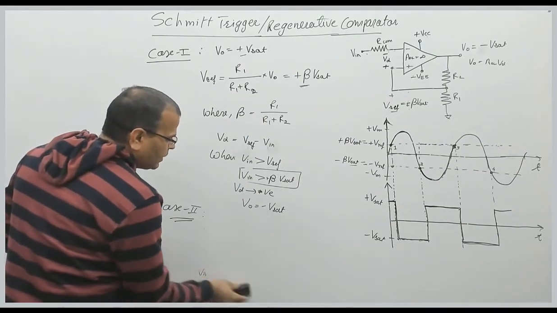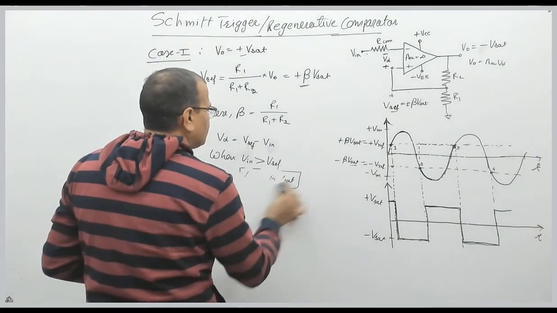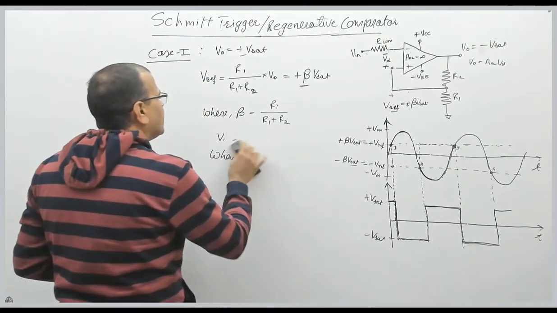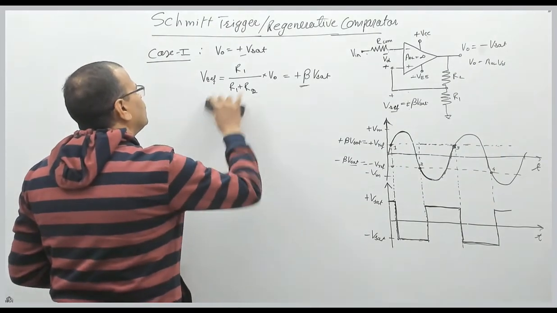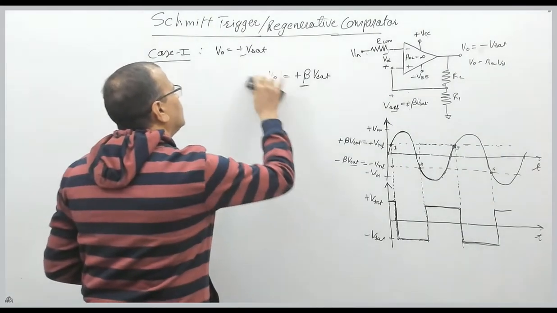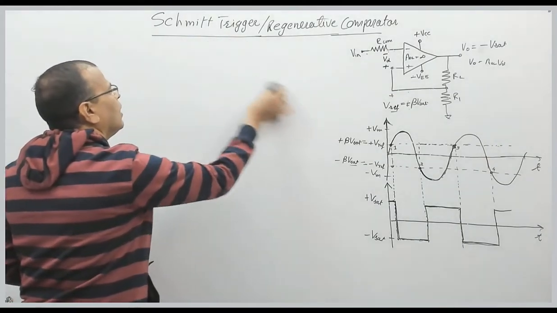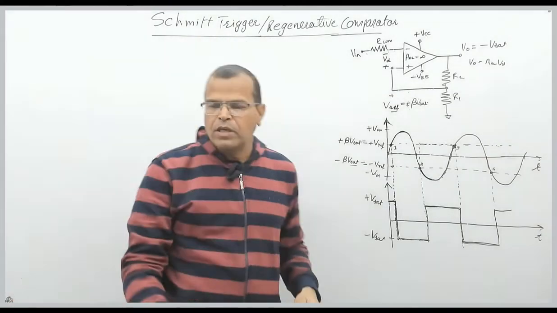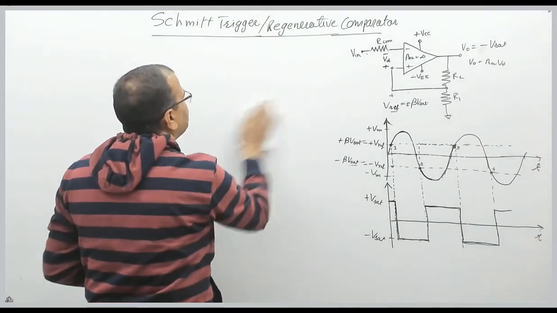Now we will see the variation in output voltage with respect to input voltage. That variation of output voltage with respect to input voltage is called transfer characteristic, right? So now we will see the transfer characteristic of the regenerative comparator.